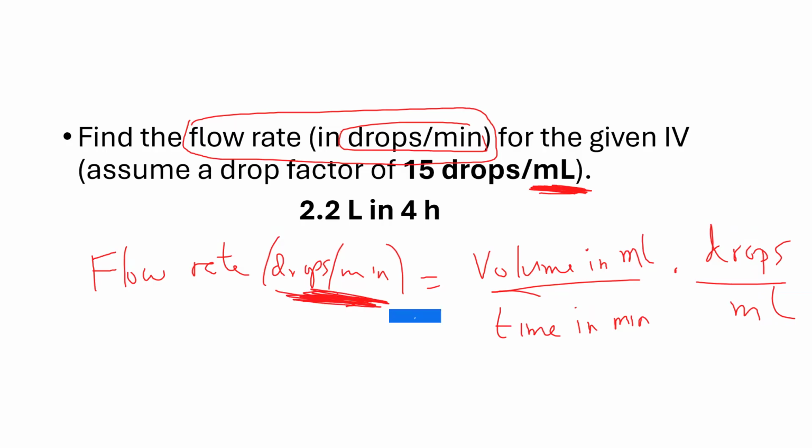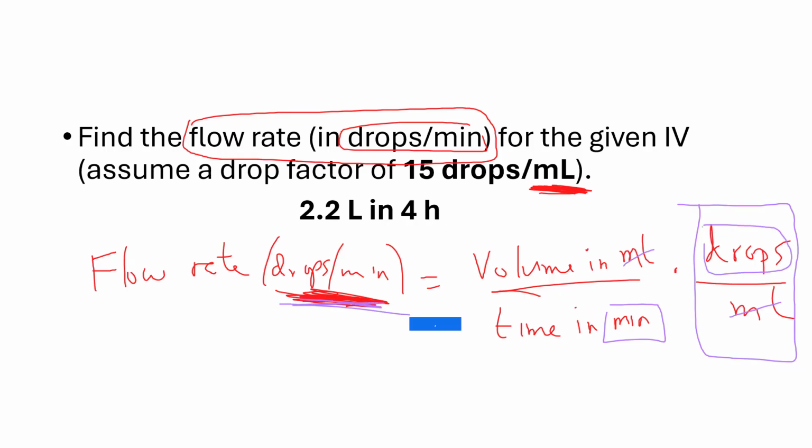So the drop factor is in drops per ml. And that's very important because you could see that ml will cancel ml. So the units that I'm going to have left are going to be the drops and the minutes. And that gives me my flow rate. And that is why this formula would always work for drops per minute for flow rate.